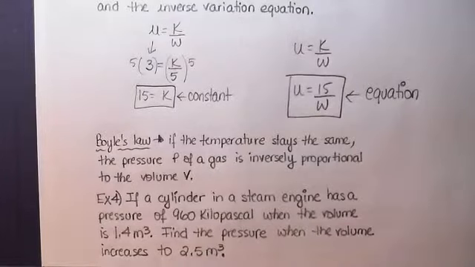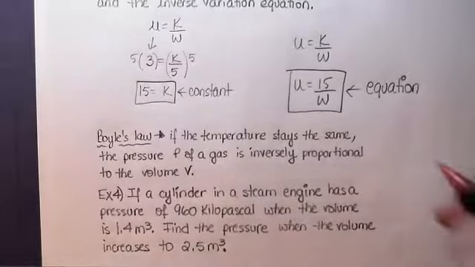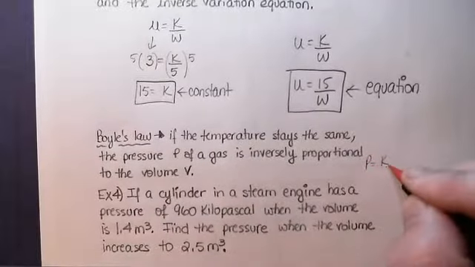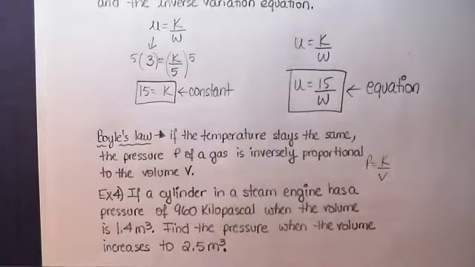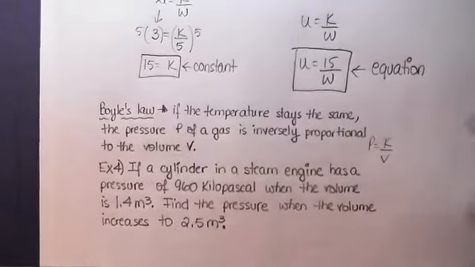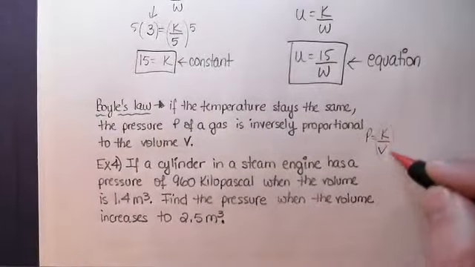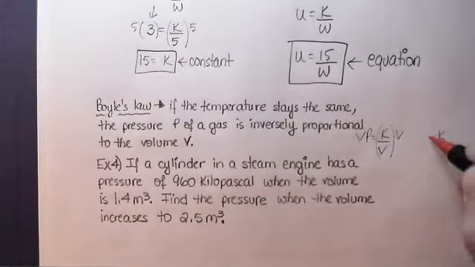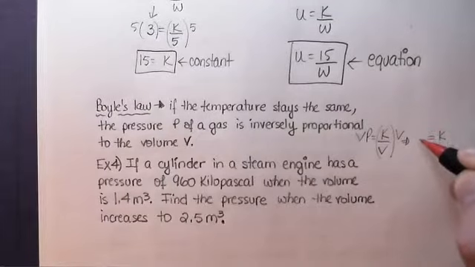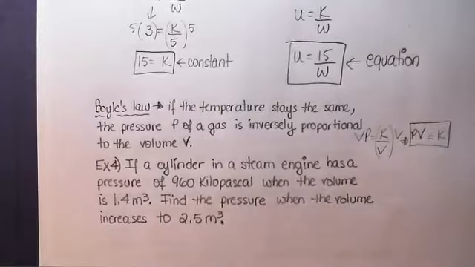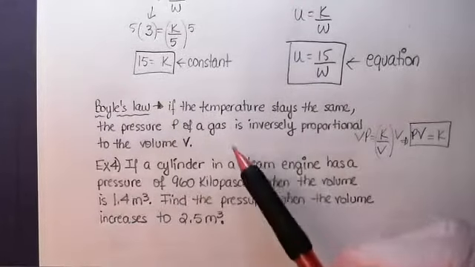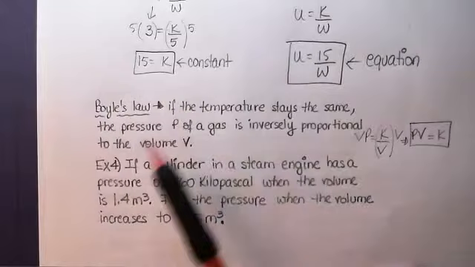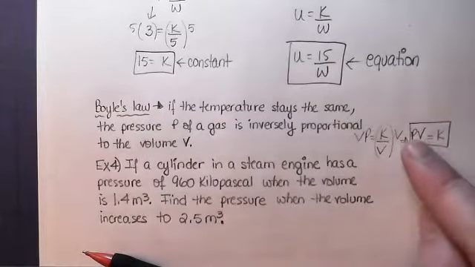So in other words, P equals K over V. And if we get the K alone, we would multiply V on both sides, so K equals P times V. Basically, Boyle's law says that the pressure times the volume always equals a constant.